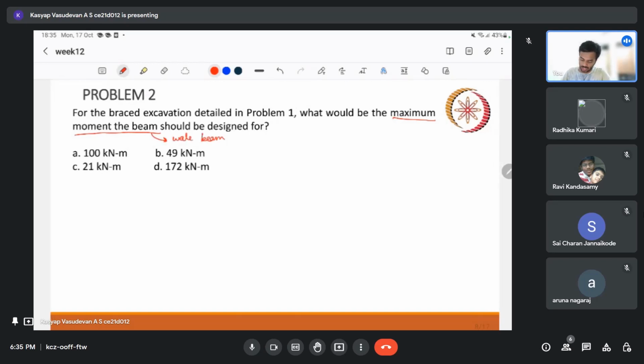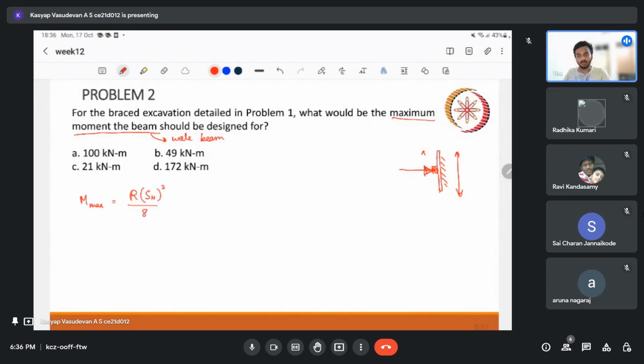So we have to look at it as a plan. If we have this sheet pile like this and soil, and we have a whale beam which is resisting this load over a 2 meter span, we are supposed to find the moment. So the maximum moment is given as R SH square by 8.